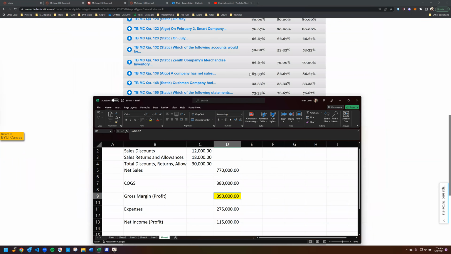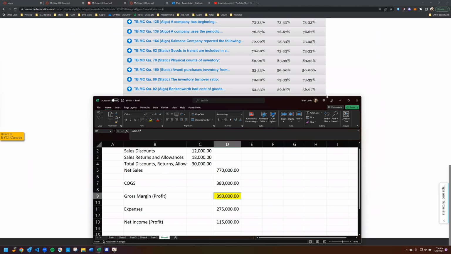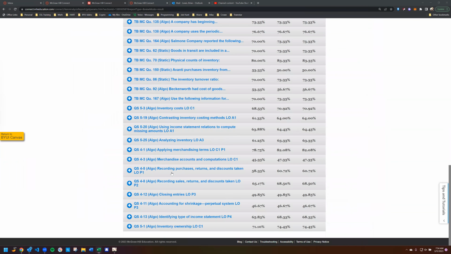Just for grins. Okay. Looks like I got 4-3. Let me hide this. 4-3 or 4-11. Now 4-12 was one that the other class got wrong. So let's look at this one. Actually, let's look at 4-12.